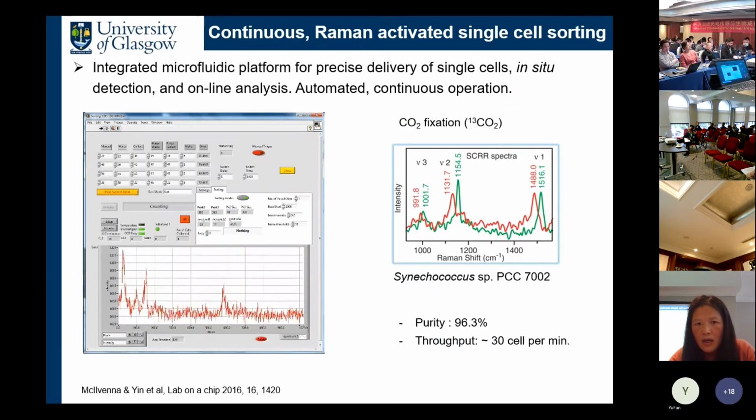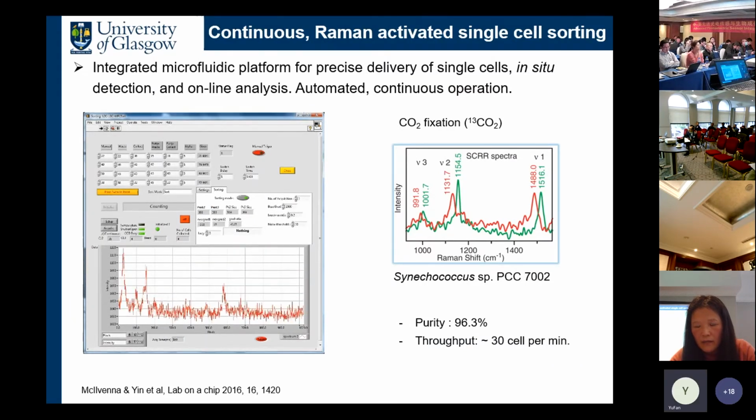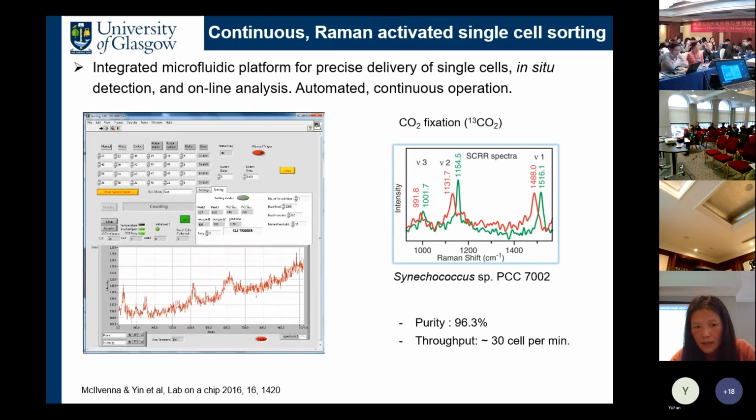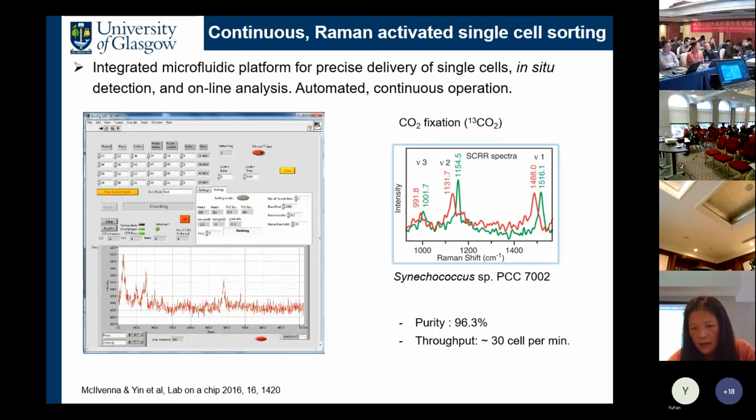Of course, in order to achieve high throughput, we need to achieve automated operation. So here is the interface of the control software. You can see here we detect the target cell, constantly acquiring the Raman signal.